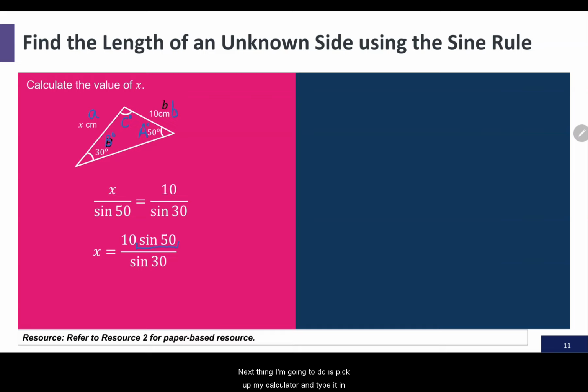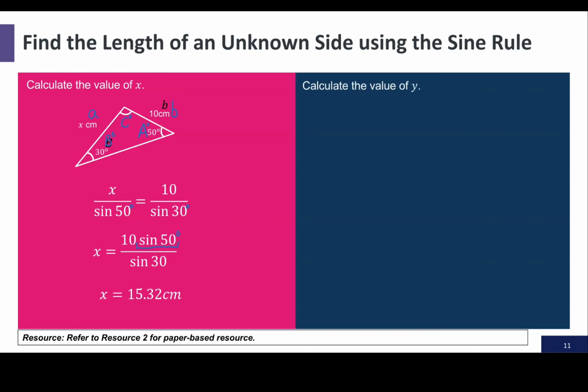Next thing I'm going to do is pick up my calculator and type it in exactly as it is written on the page. Typing that in, the answer becomes 15.32 centimeters. So the first thing you need to do is label the triangle, decide which formula you are using, substitute the values, and then solve.